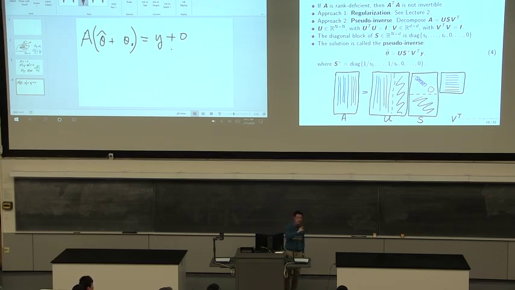So if you have a tall matrix and it is rank deficient, meaning that you have a non-trivial null space in your columns, then what you would do is take the inverse of the non-zero parts of your diagonal matrix. If you go to the equation there, you can see that I put 1 over S1, and then 1 over SR and so on, and then a bunch of zeros.